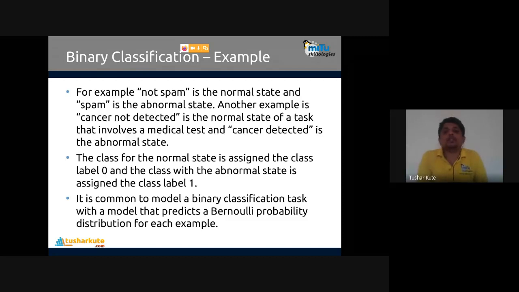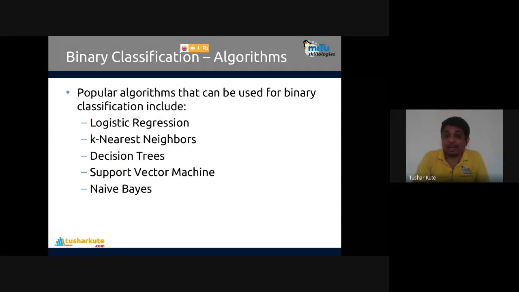It is common to model a binary classification task with a model that predicts a Bernoulli probability distribution for each example. Where the Bernoulli distribution is there, binary classification is used. Two algorithms are commonly used for that task: support vector machine and logistic regression. They work very well on binary classification.